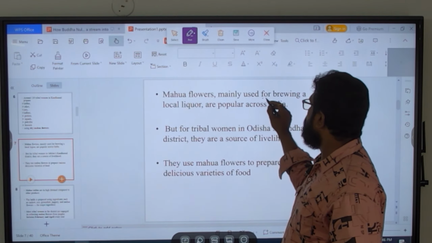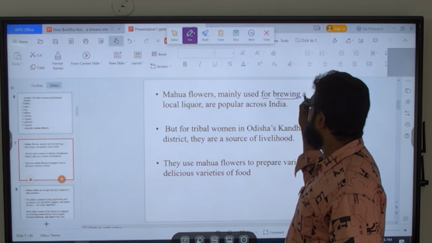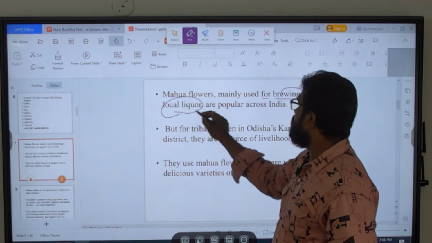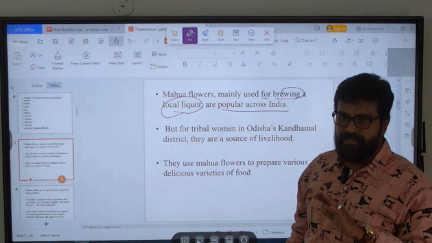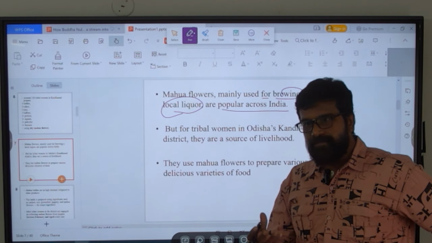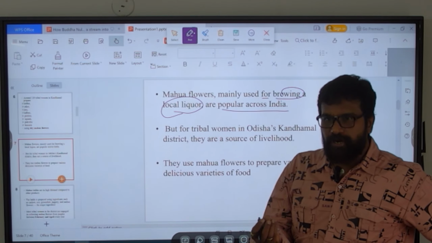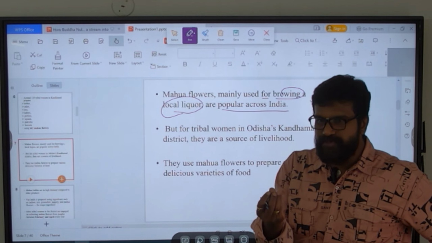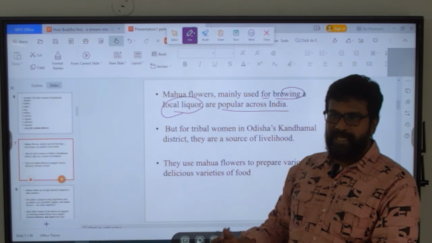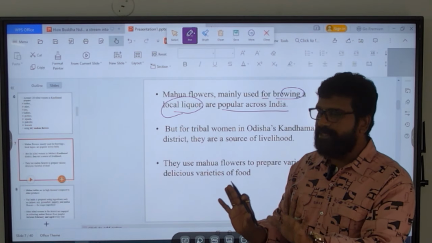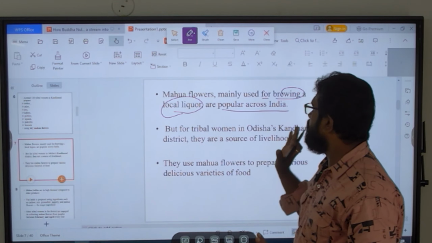You see the mahua flowers, which are mainly used for brewing local liquors, are popular across India. This is true. Some kind of alcoholic substances are present in that mahua flower, it's a tree, right? So from that mahua flower, they are making some liquors. That is the common thing which is made across India.